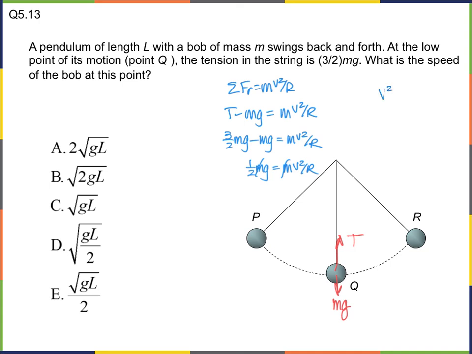V squared is equal to rg over 2. So v would be equal to the square root of gr over 2. Our r is equal to L in this case, and so the answer that corresponds here is this one.